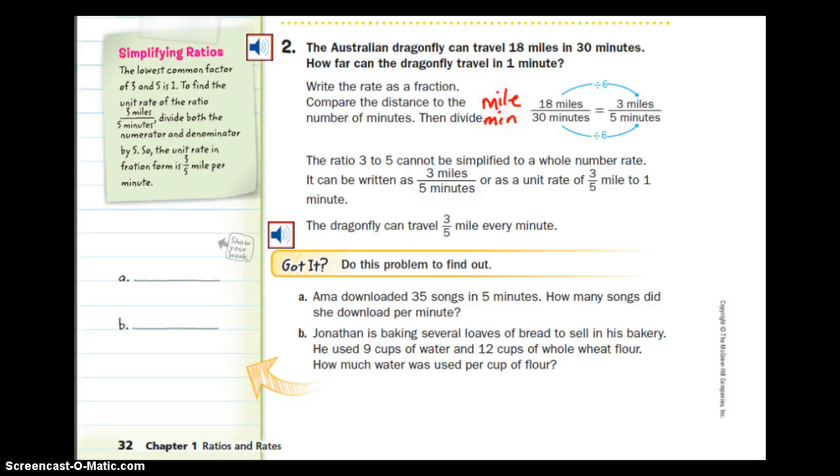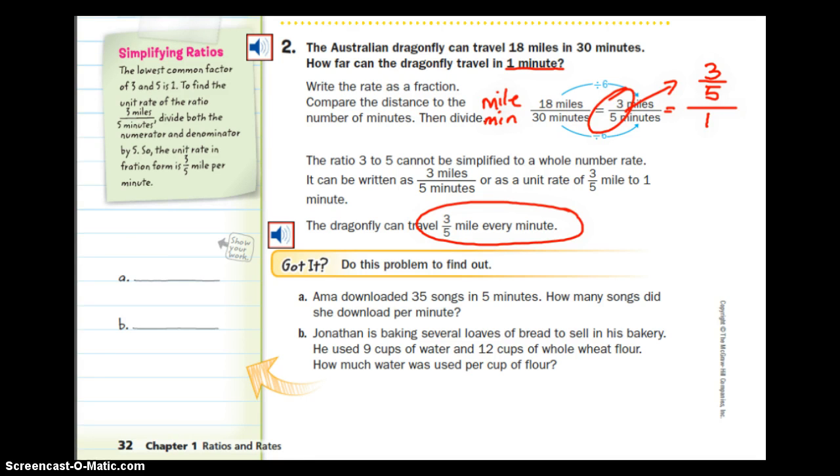Oh, they're divisible by 6, but we cannot get it to 1 minute, and that's what we're trying to do. So in this case, draw another line. We got to get it for 1 minute. Take the fractional part and move it to the numerator. So we know that a dragonfly can travel 3/5 of a mile in 1 minute.